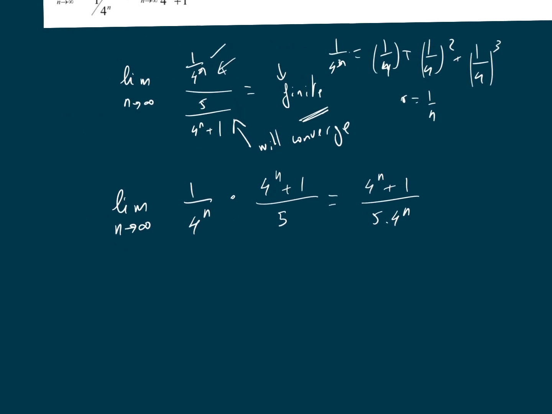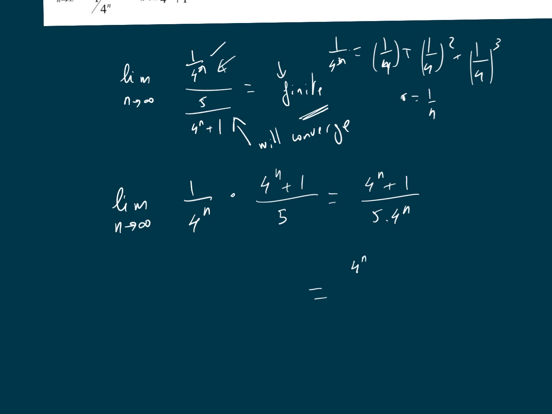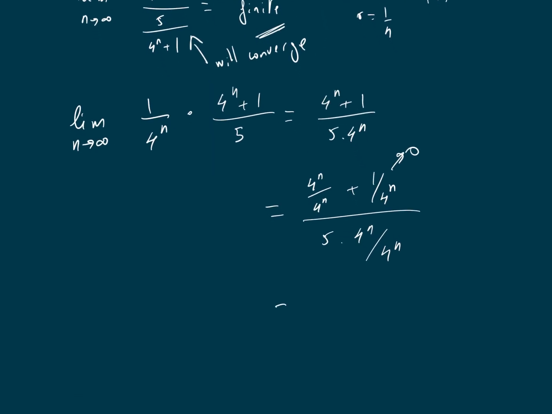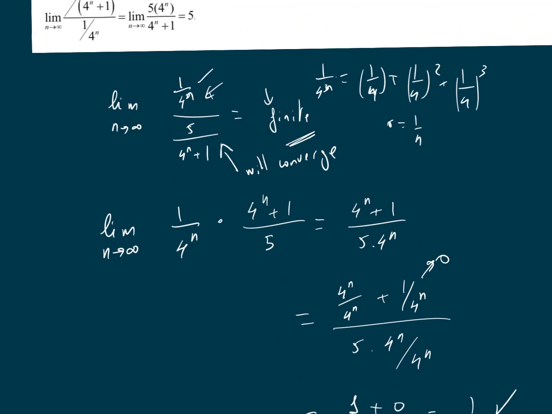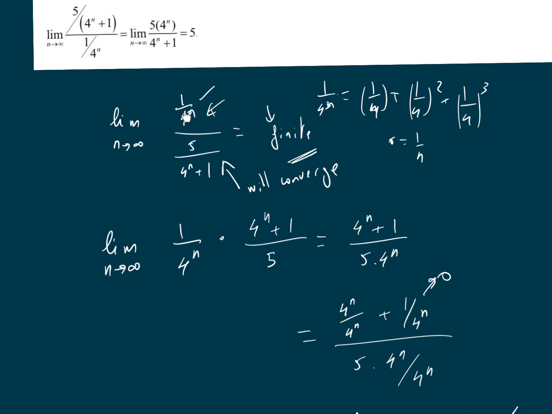When n goes to infinity, 1 divided by 4 to the n goes to 0, and 5 times 4 to the n divided by 4 to the n is 5 times 1. So the limit is (1 plus 0) divided by 5, which is 1/5. Because the limit is finite, the series converges.